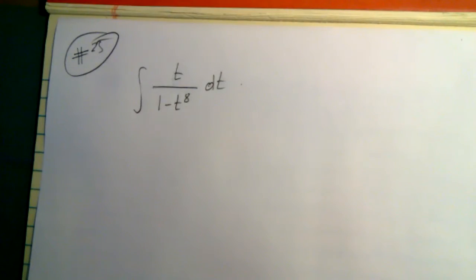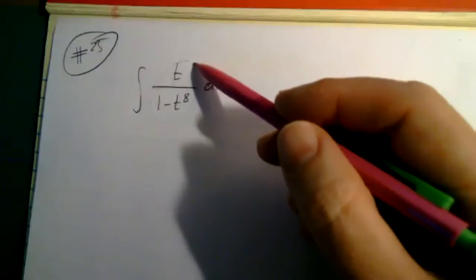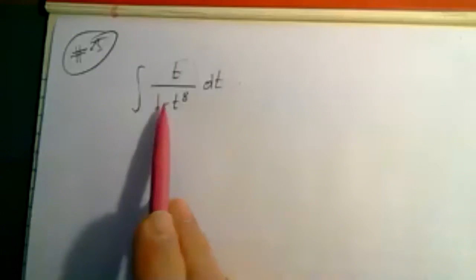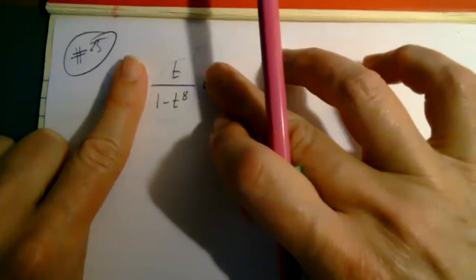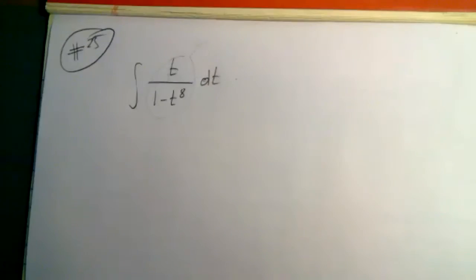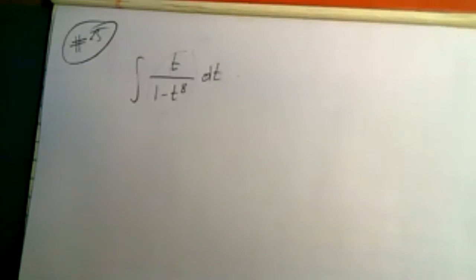Again, one of those functions that none of our integration techniques will help us find the antiderivative. The only way we can find the antiderivative of this function is basically by writing this as a power series and then integrating the power series. That's the only way. So if you want an antiderivative of this, you have to express it as a power series.